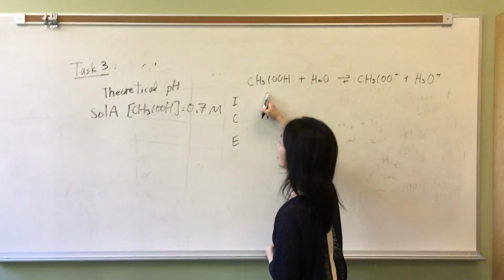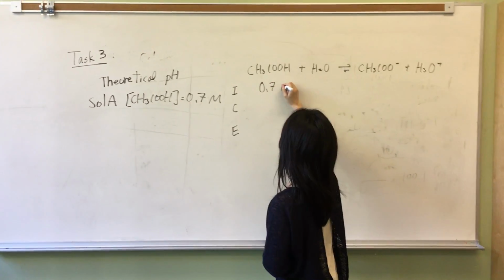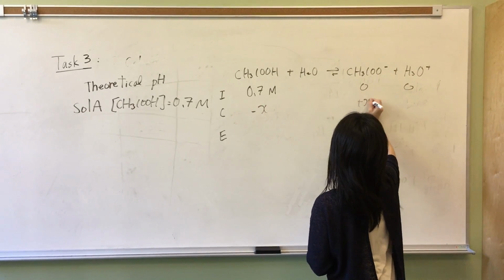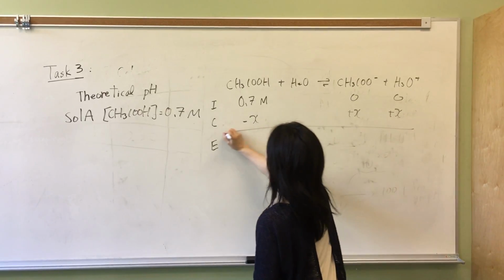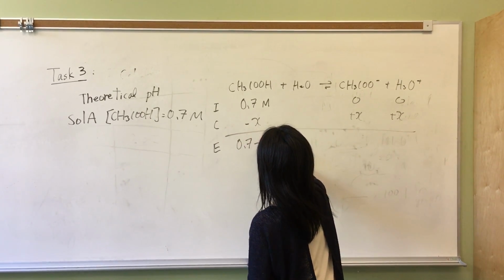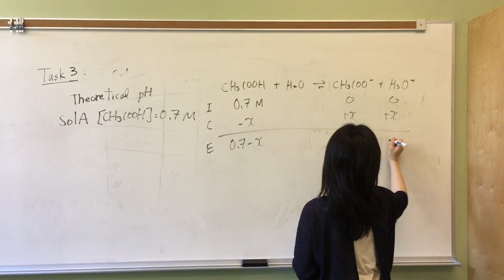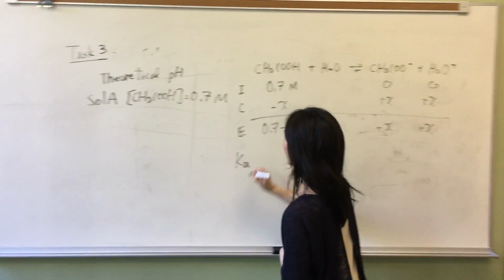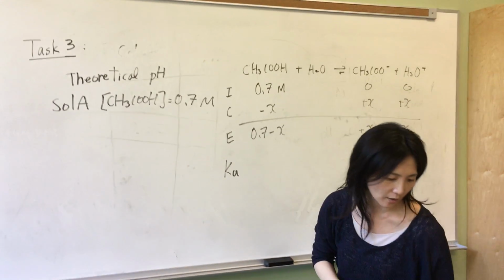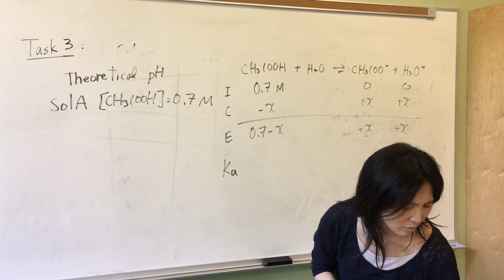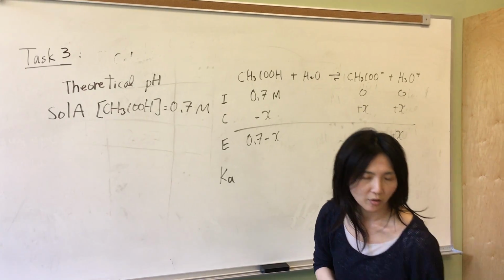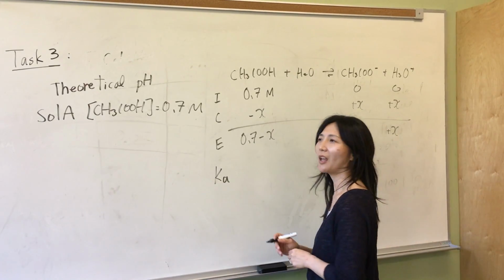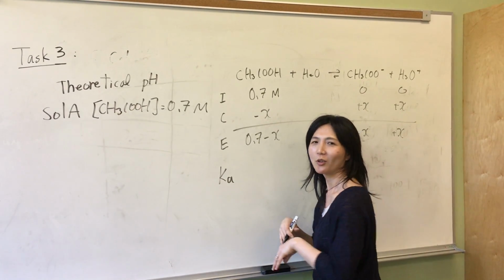Okay? And then you have to use the ICE table. So the initial concentration of acetic acid is 0.7. Initially, the products are 0. And the change, that's the one we don't know. So at the end, 0.7 minus x, plus x, plus x. Okay? So then we use the Ka for the acetic acid, which is, I believe, 1.8 times 10 to the minus 5, or you can look it up.